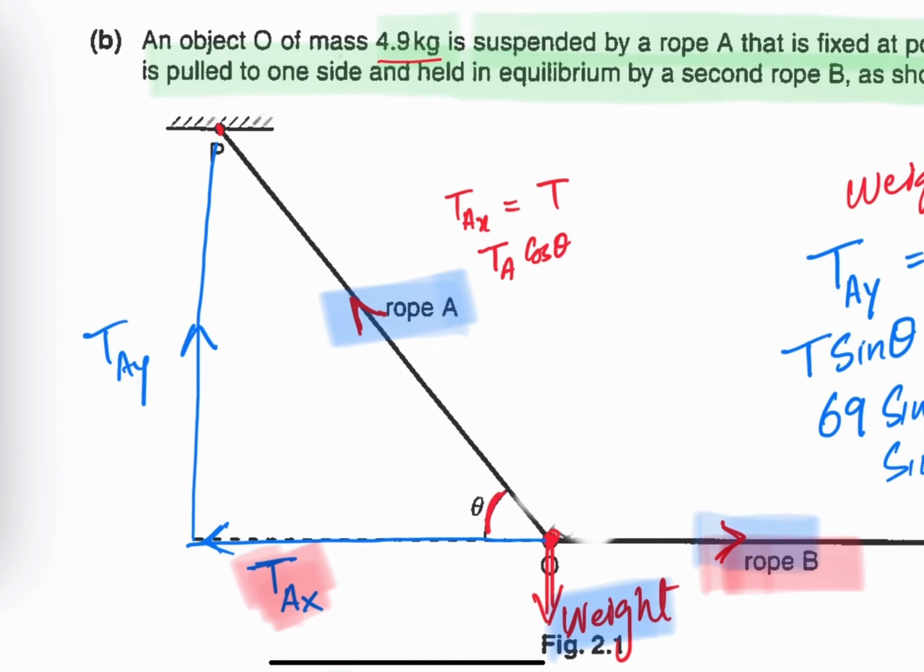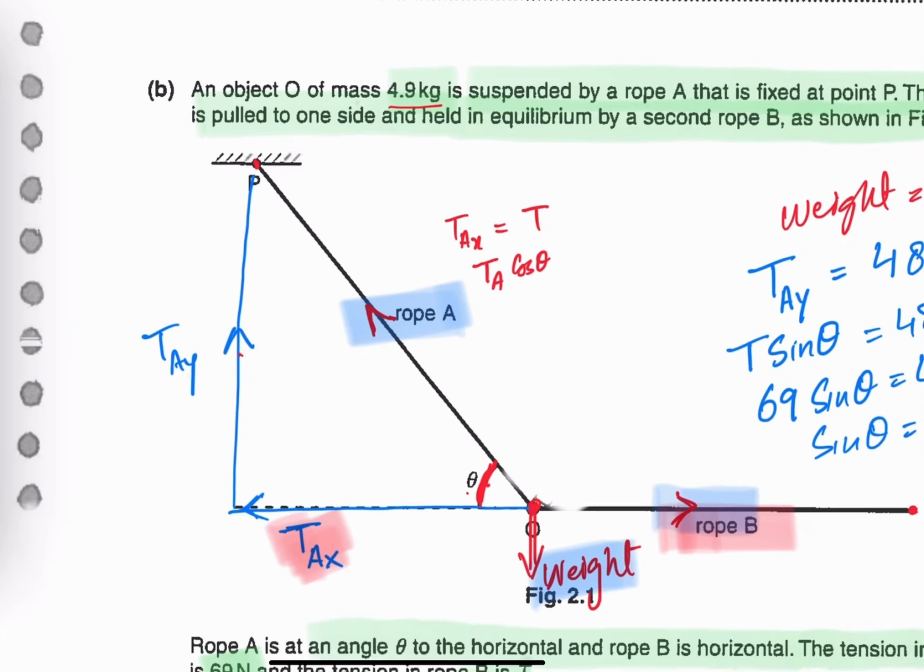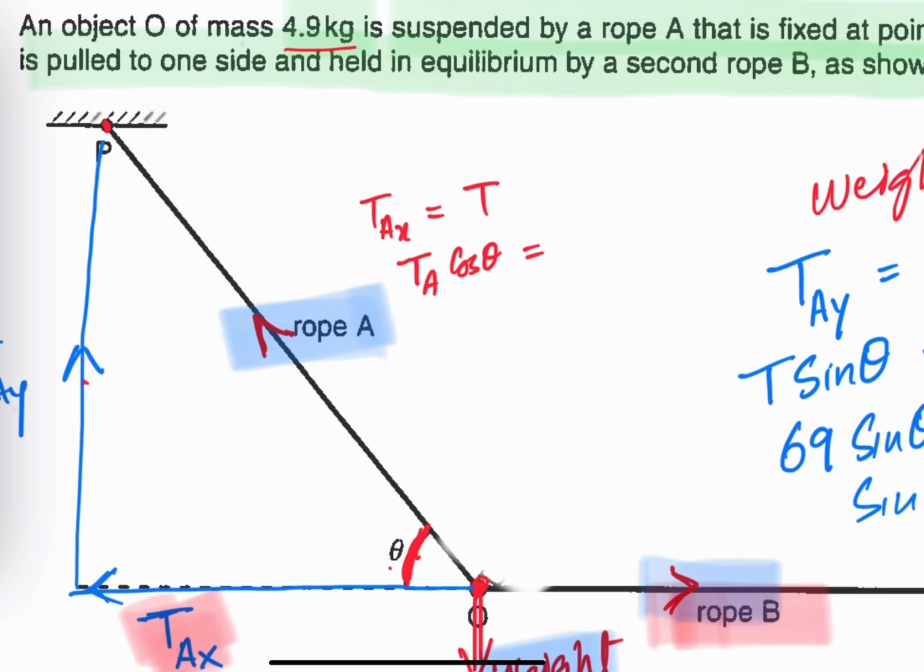The component attached to the angle is always cos, and the opposite one will be sine.